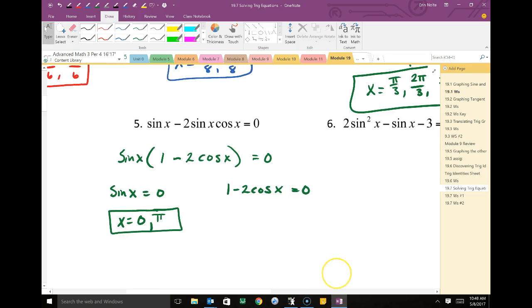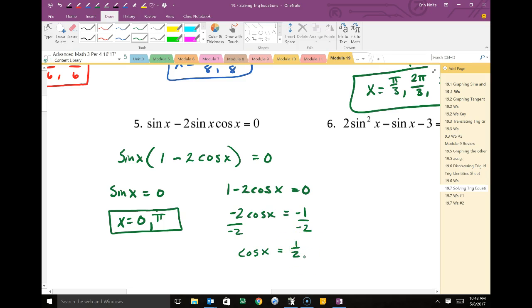Okay. Now if I solve this right-hand equation, what would you do to isolate the cosine? Subtract 1, so I'd have negative 2 cosine is equal to negative 1. Then what would you do? Divide by the negative 2. So I have a cosine of x equals a positive 1/2.